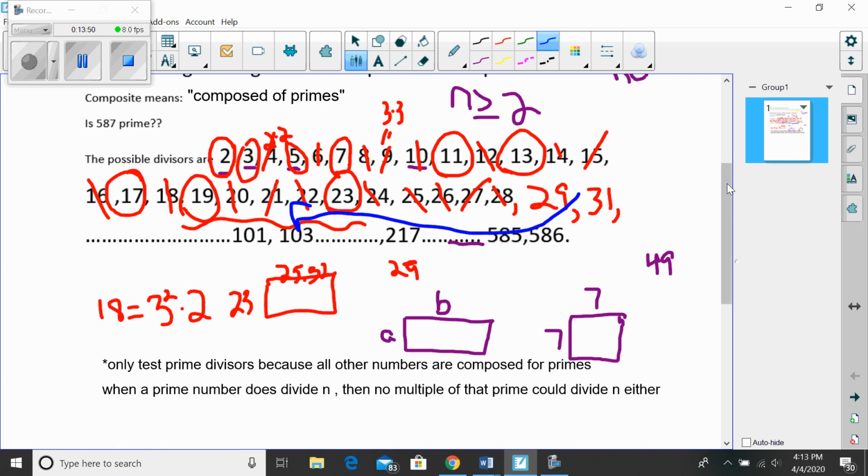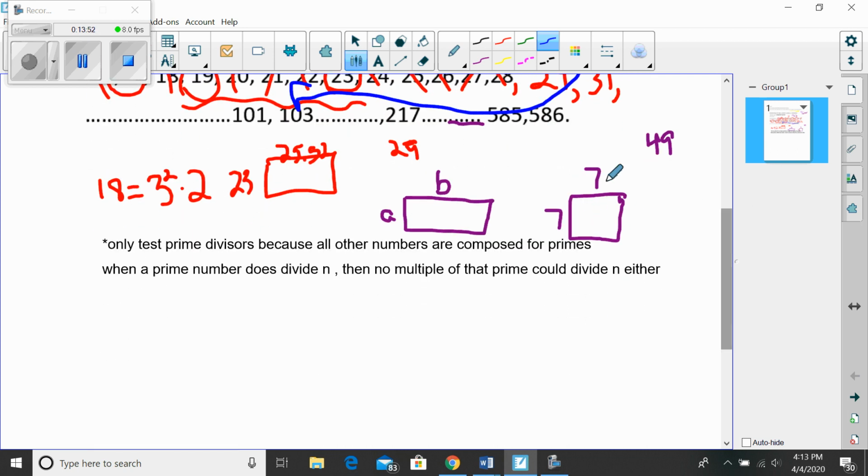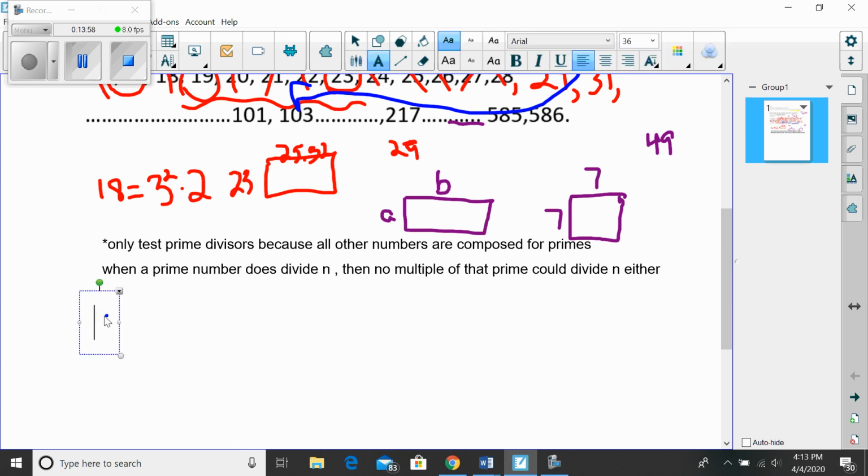So one thing that I want to remind you of is we took notes the other day on this fact that when we were listing factors and partners, we said, okay, so first of all, factors come in partners.